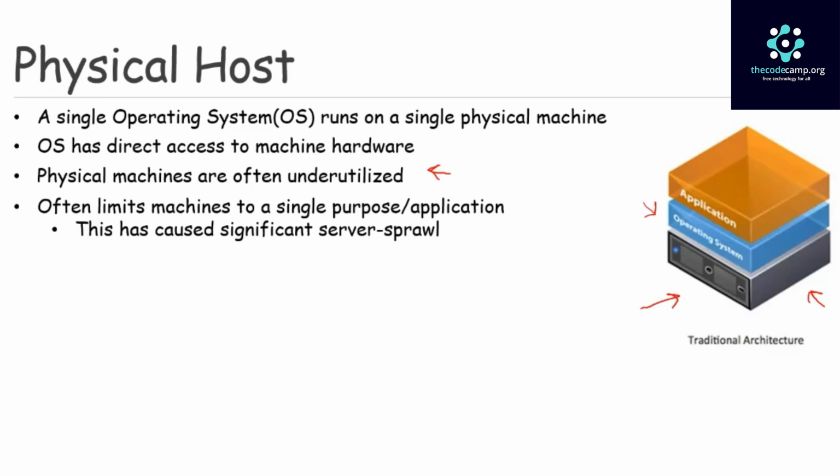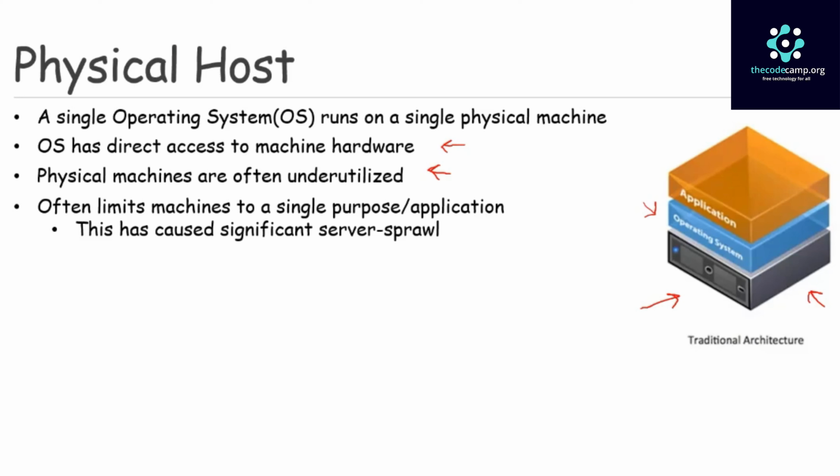Now, in physical machines, of course, the OS has direct access to the machine hardware. The operating system is directly interacting with the processor and with the components on the motherboard. It is interacting with your memory, and the operating system is handling its own scheduling for that hardware. And as far as the operating system is concerned, it has full access to that physical hardware.